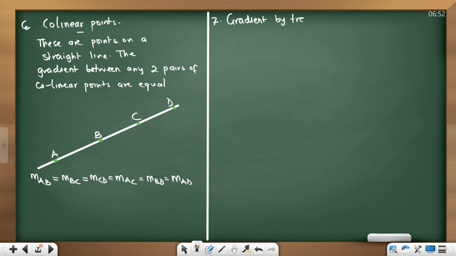This exists when lines are parallel on both ends. Basically, we're talking about a parallelogram.